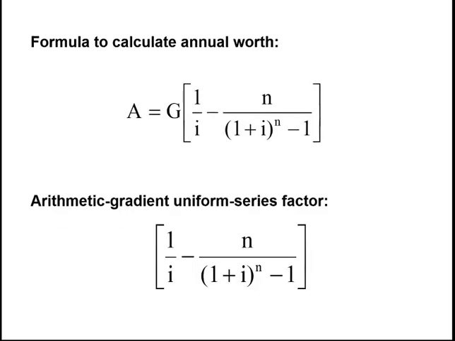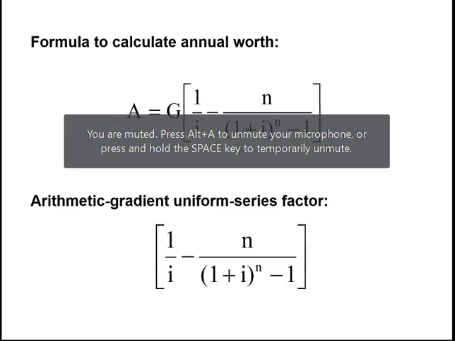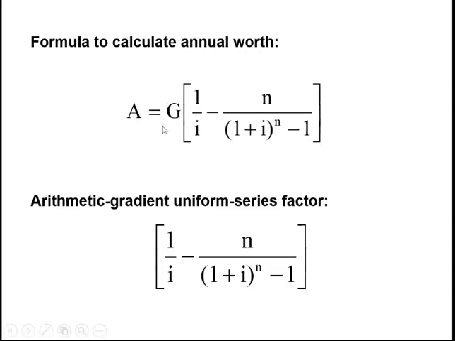Now, that is the formula to calculate the annual worth: A equals G times a factor, and this factor is the arithmetic gradient uniform series factor.